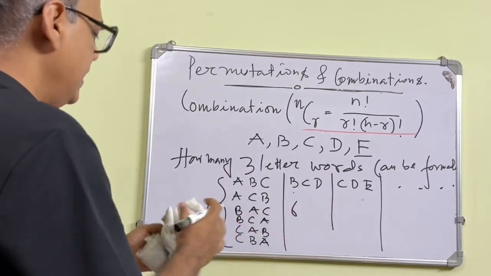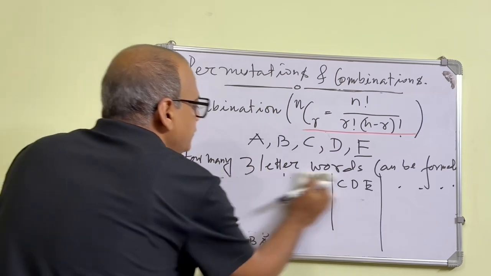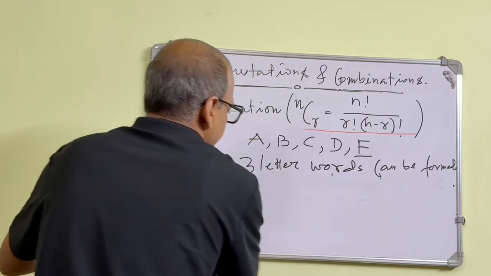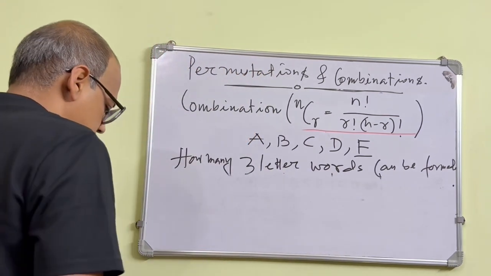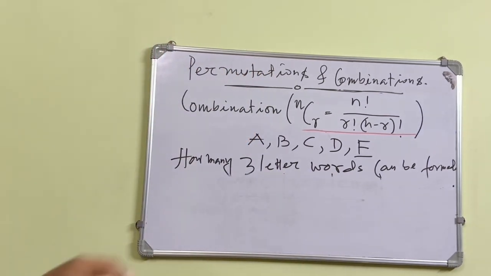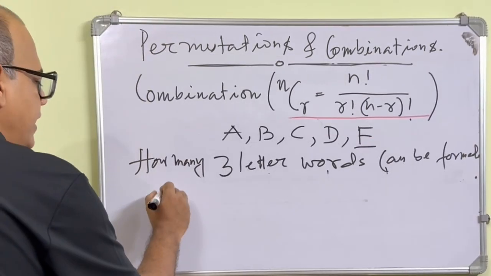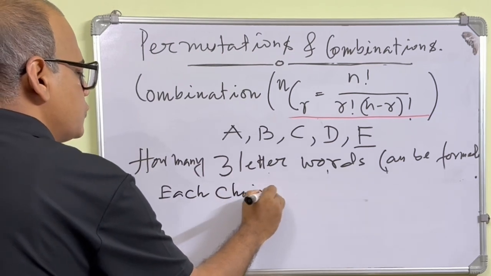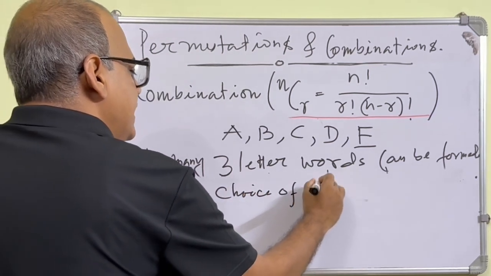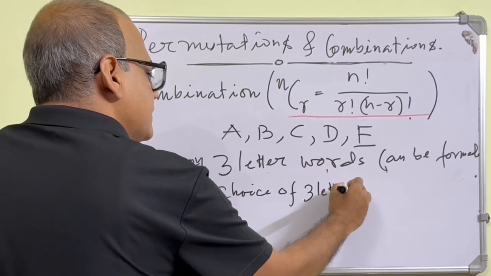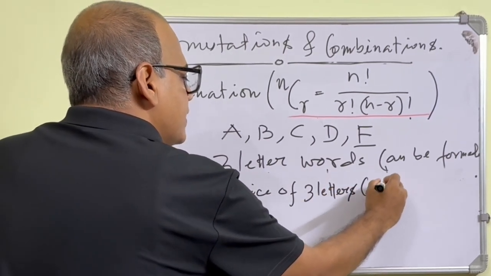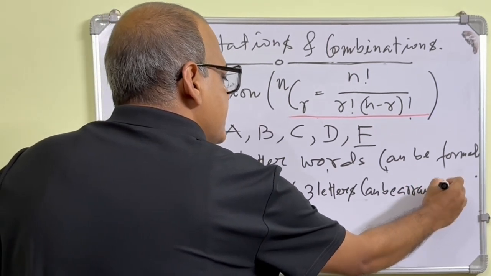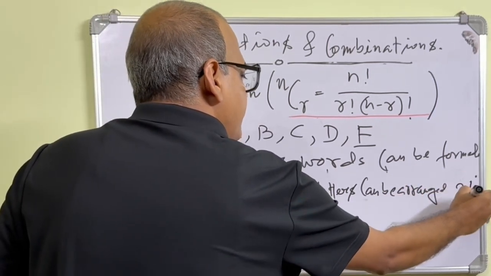Now, let's put it this way. Each choice of 3 letters can be arranged in 3 factorial ways.